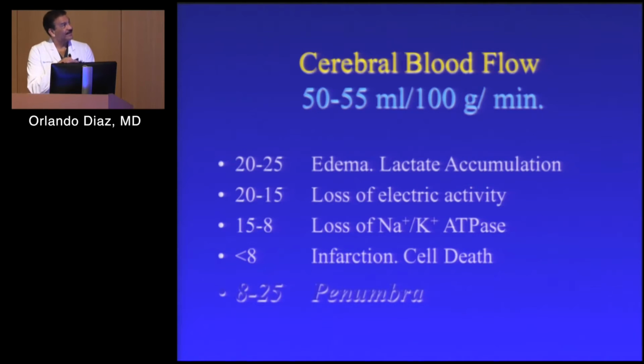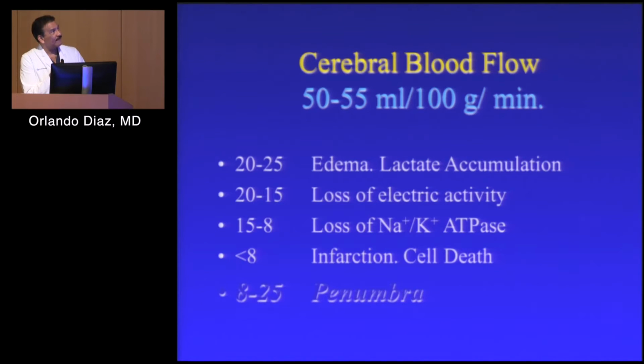So all parts of the body need blood: the extremities, the liver, the kidney. But the brain needs more blood, more flow. And this is basically 45 to 55 milliliters per 100 grams per minute. If normal is, let's say, 50, it could be 45 to 55.